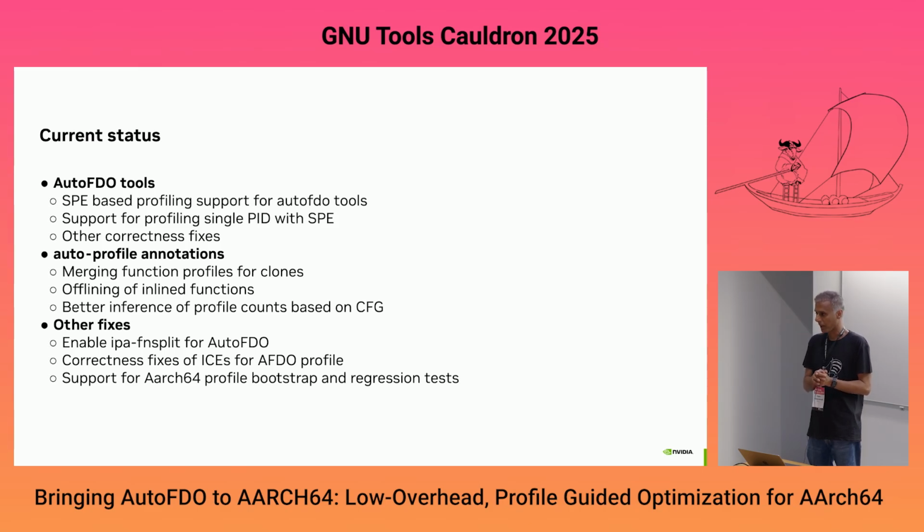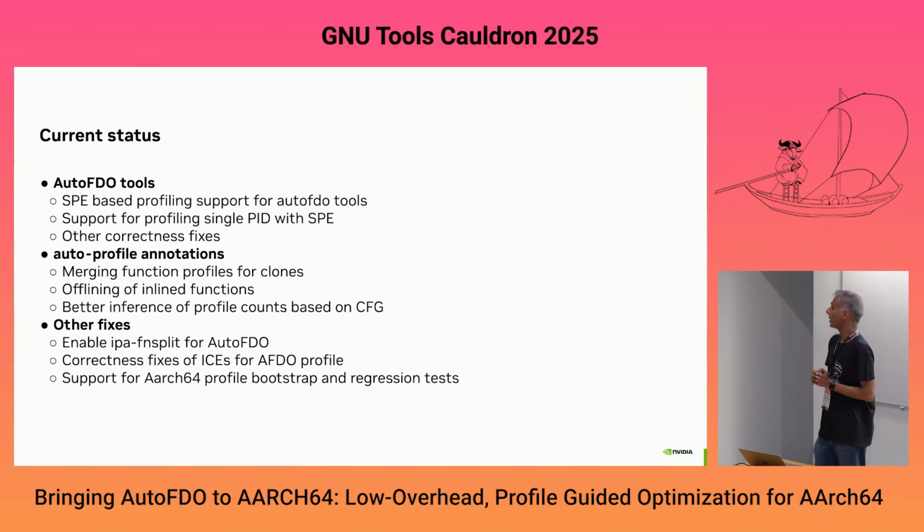So there are some local patches we have which we are trying to upstream, which are also available as pull requests. That is needed if you're going to try it out. On the GCC side, AutoFDO is target independent. So all the changes Honza and others have done also help us, and they complement our fixes.